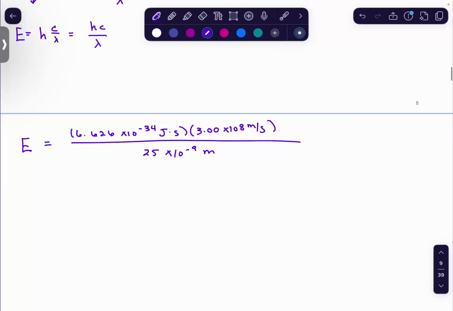So your energy of one photon is 8.0 times 10 to the negative 18th joules. You don't have to do this, but I think it helps: this is joules per photon. Okay, so there's one of your answers.